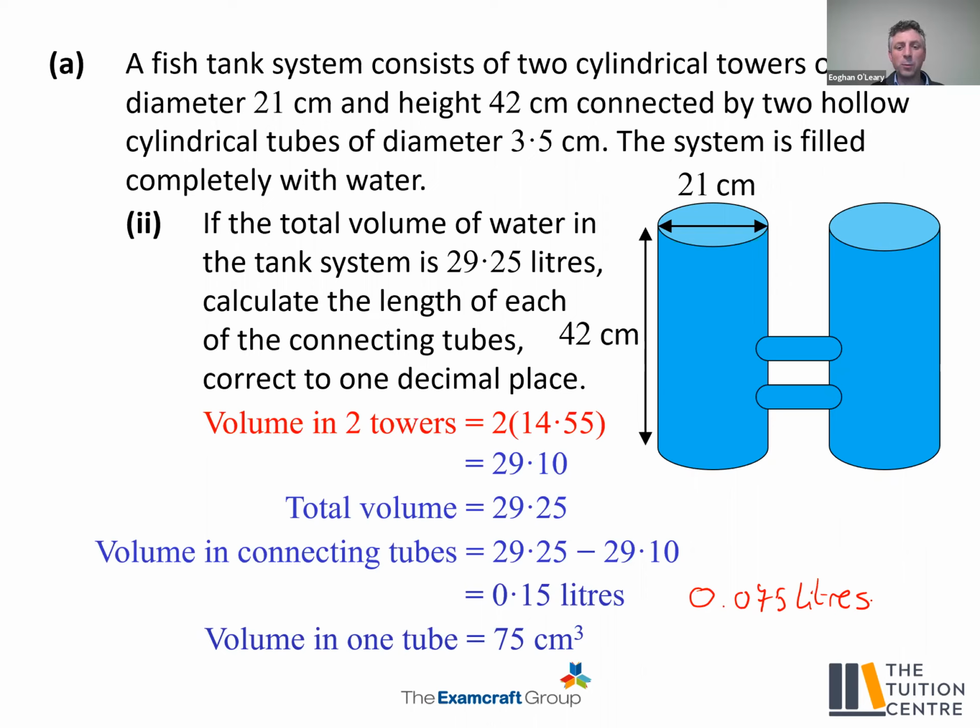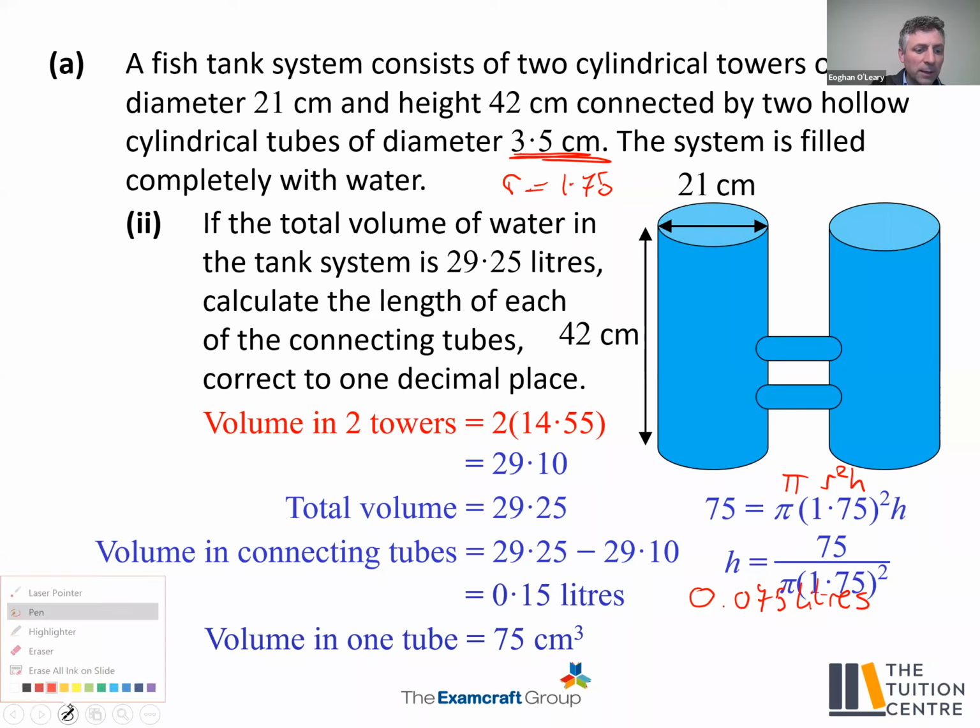So that's the volume in one tube. We know again the formula is pi r squared h. Let's have a think about it. We know that the diameter is 3.5, so the radius is 1.75.